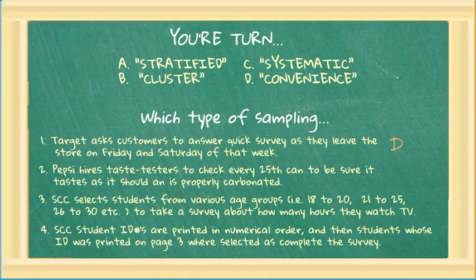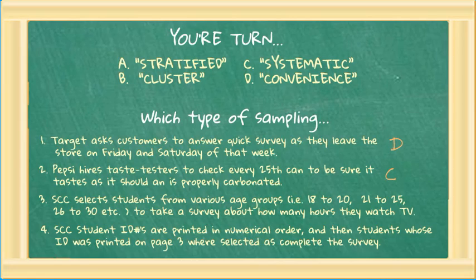How about number 2, Pepsi hiring taste testers every 25th? Okay, that would be the systematic. It's an algorithm. Every 25th, boom, boom, boom. They just check every 25th, and as long as that one's okay, they assume all the ones in between are good. And it's a pretty good way to do it. It works.